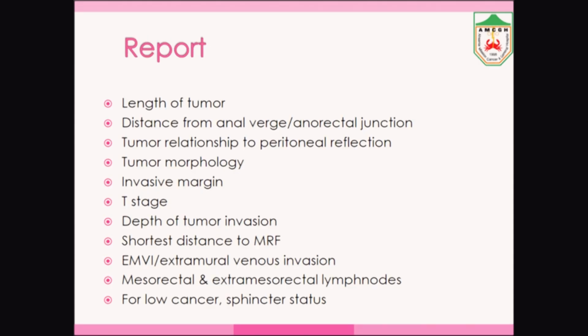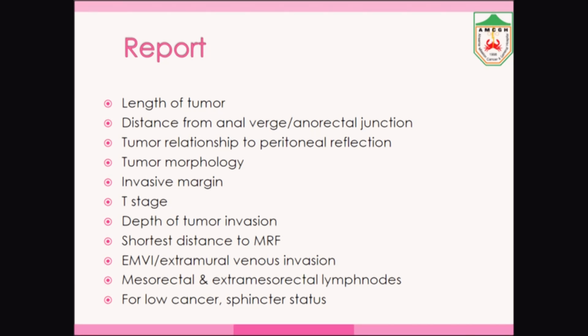And our report checklist should include the length of the tumor, distance from the anal verge or anorectal junction, tumor relationship to the peritoneal reflection, which is mainly for the upper and part of the middle rectum, and tumor morphology, invasion margin in clockwise phases, and T stage, depth of tumor invasion, which should include T3 AB less than 5 millimeter or more than 5 millimeter, and the shortest distance to the MRF.